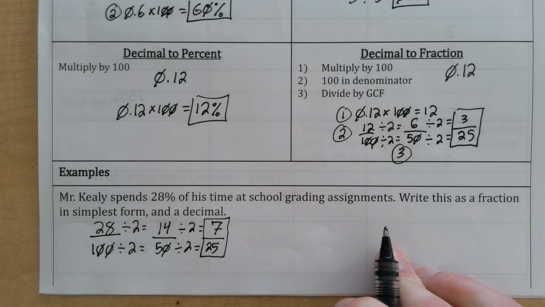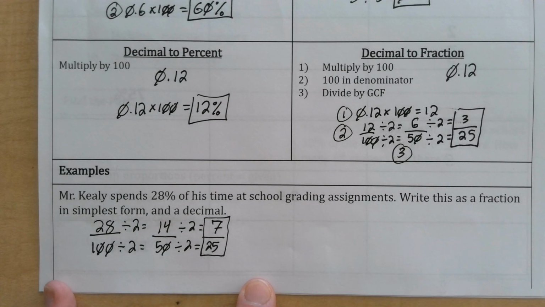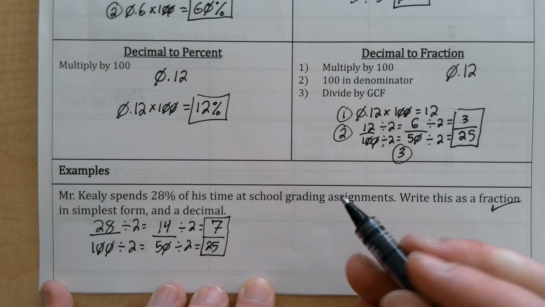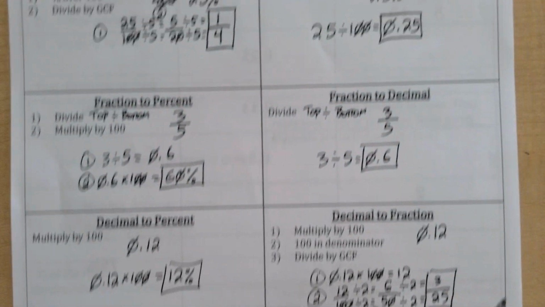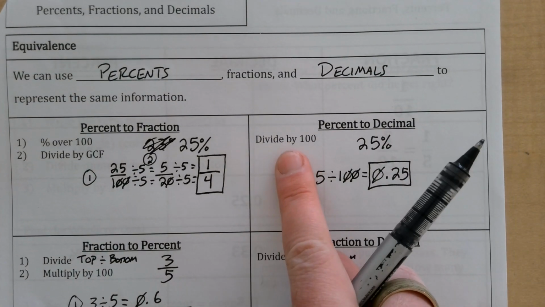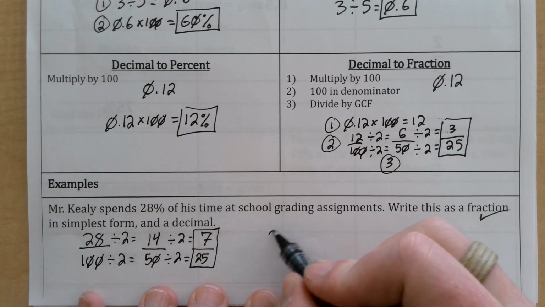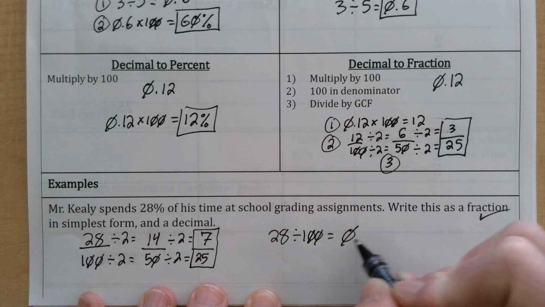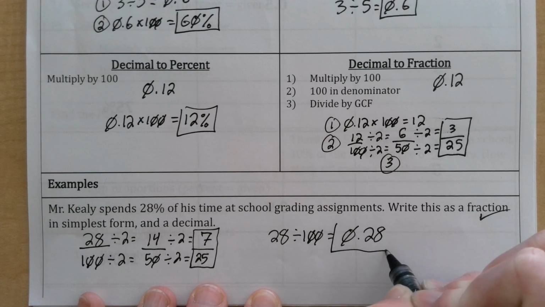So I spend 7 25ths of my time at school grading assignments. We have a fraction now. I also need that as a decimal. So to turn a percent to a decimal, I'm just going to divide it by 100. So 28 divided by 100 equals 0.28.